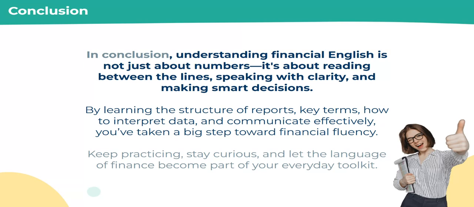By learning the structure of reports, key terms, how to interpret data, and communicate effectively, you've taken a big step towards financial fluency. Okay, well, there we go, guys. Please keep practicing and stay curious. Let the language of finance become part of your everyday language toolkit.